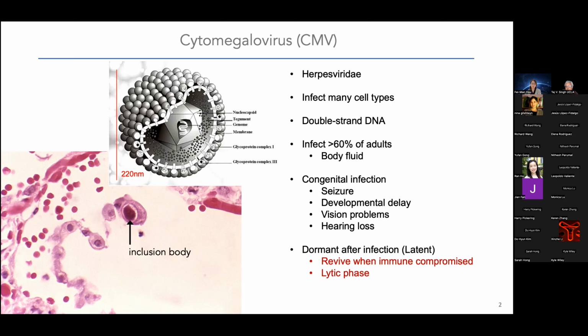Past literature found that in congenital cytomegalovirus infection cases, these babies might develop problems while growing up, for example seizures or developmental delays. They might have some vision problems, and the most notable one is that they might lose their hearing, so you can see they damage their neural systems.